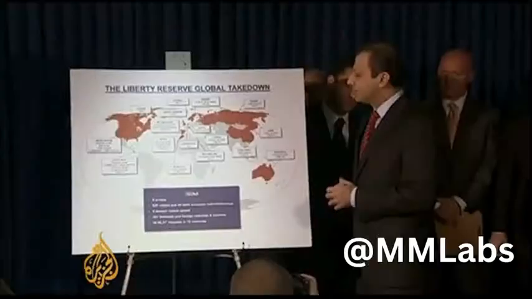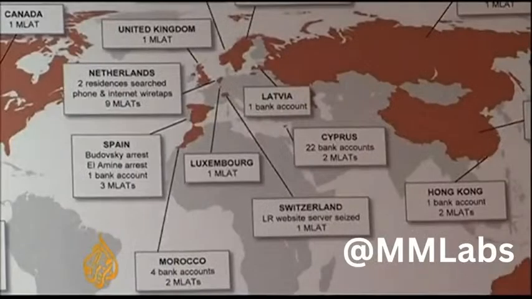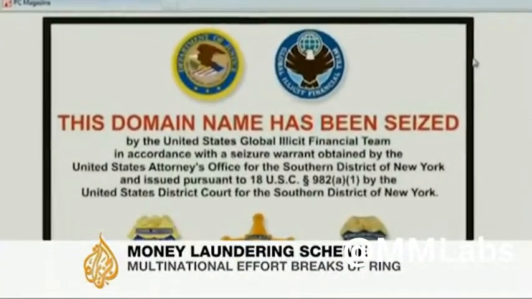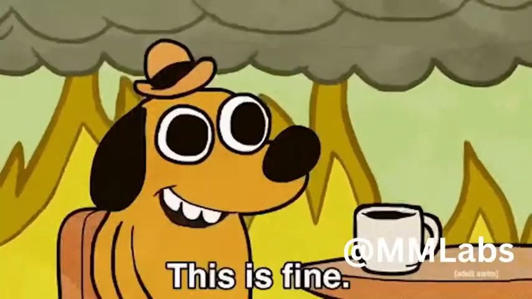Liberty Reserve was shut down across 42 countries. Bitcoin can be like that, tomorrow banned. The way that they shut Liberty Reserve down was the Americans issued a financial services order. Anyone who took Liberty Reserve was banned from the banking system anywhere on earth. Basically, it means your whole company's wiped off the face of the earth. And they could do that to Bitcoin right now. This is fine.